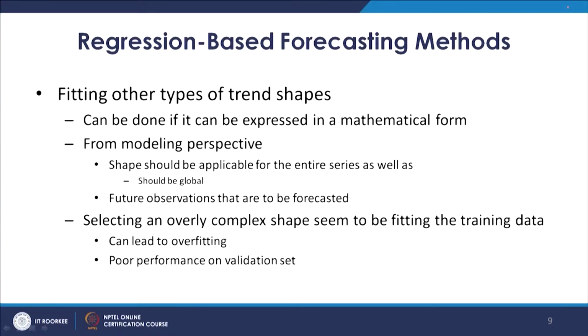Only then is the model going to perform well. You can also see one small point mentioned here: it should be global. We would like to refer back to our earlier discussion when we talked about using a statistical method in the model driven approach, where we are using regression based methods.